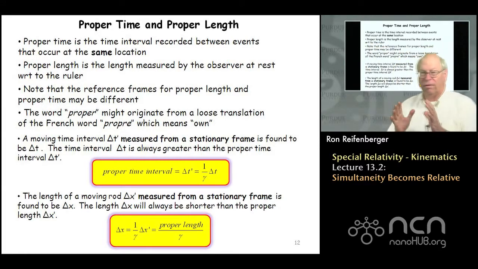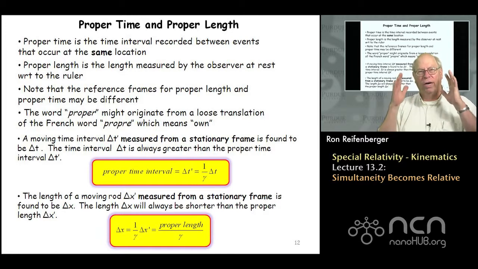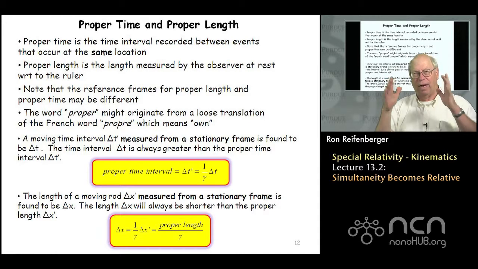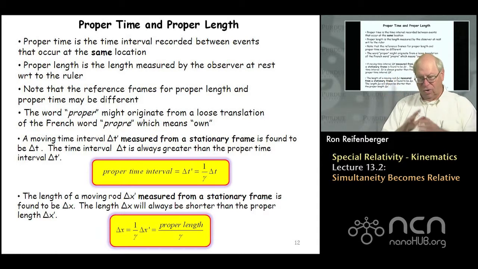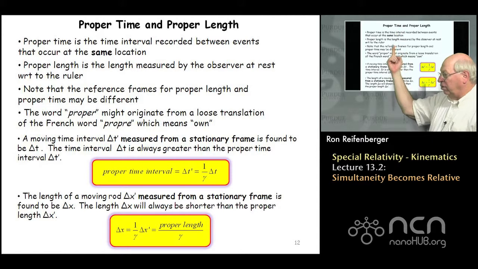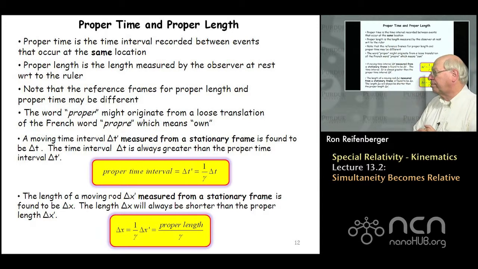You just have to apply these definitions. It's an attempt to provide a code word: whenever you see proper time or proper length, that helps you distinguish which situation is being discussed.